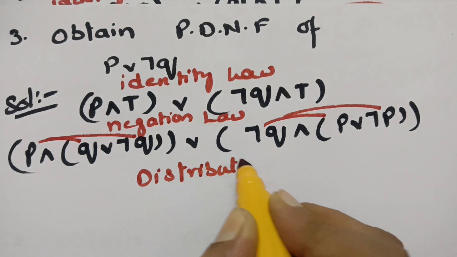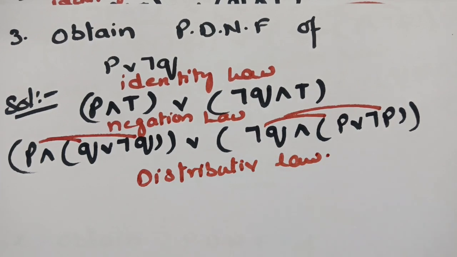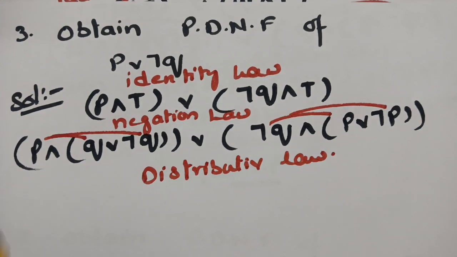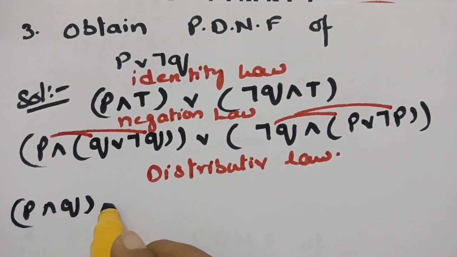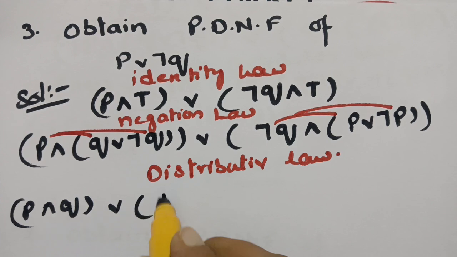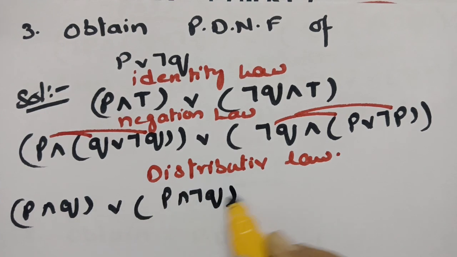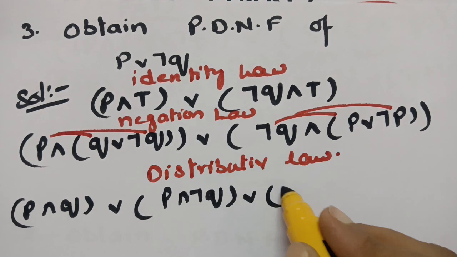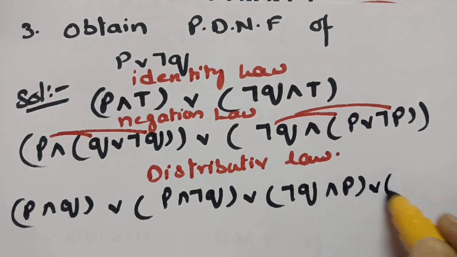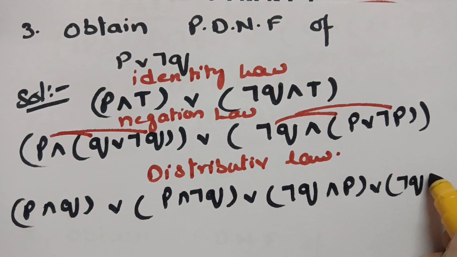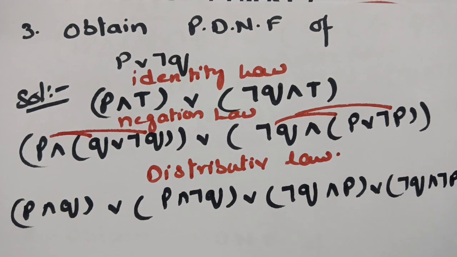According to our distributive law, I am going to distribute each and every term here. So P is distributed to Q. That is P and Q, or this is P and negation Q, or here if I distribute this one, negation Q and P, or this one is negation Q and negation P. Clear?